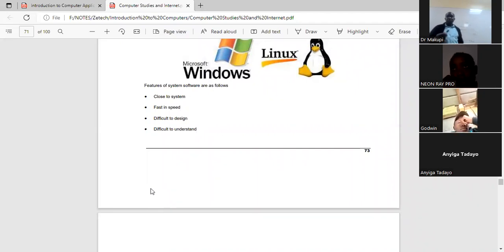When I drew that diagram, we agreed that users come first, followed by apps, then system software, then the computer hardware. So you can easily understand when I say they are close to the system.